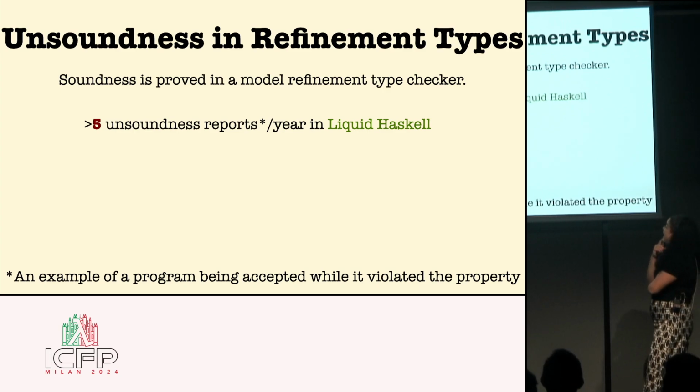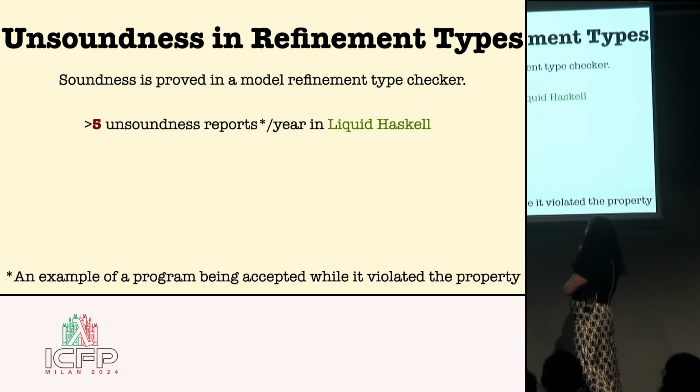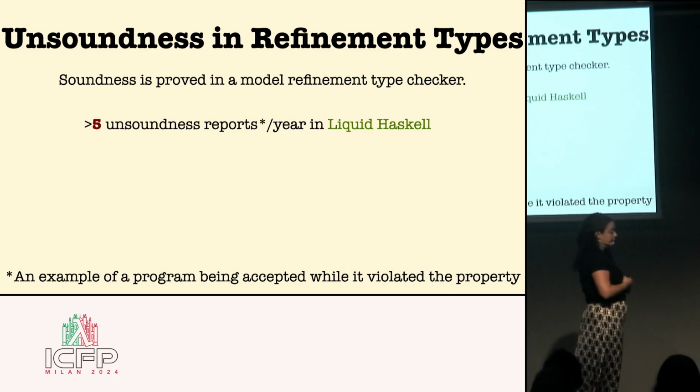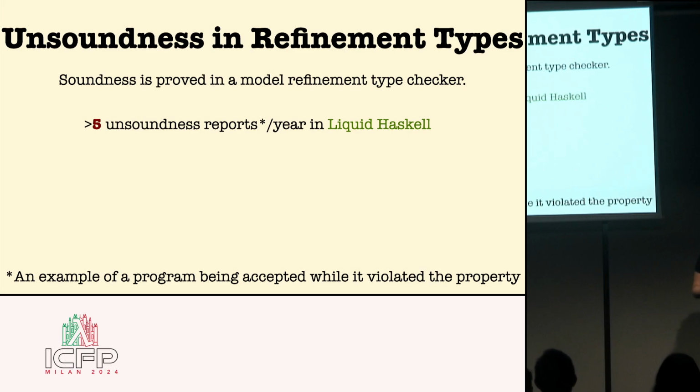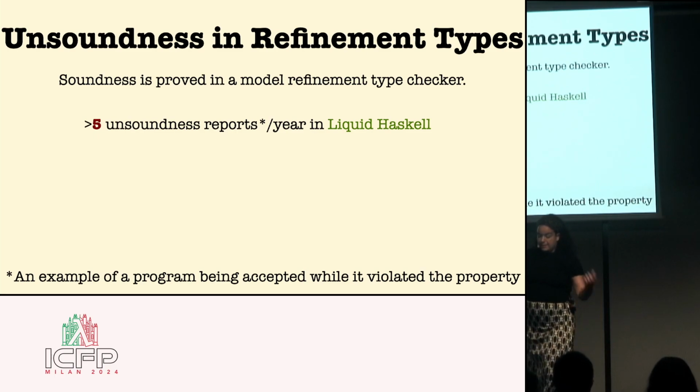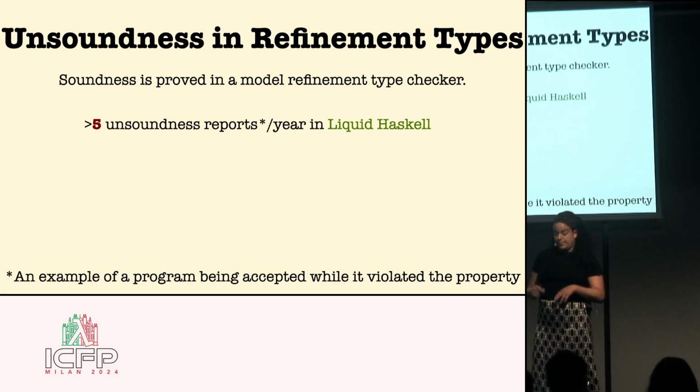Yes, so there is unsoundness in refinement types, of course. In theory, this soundness proof is proved in Liquid Haskell for a model of the refinement type checker. And in practice, in Liquid Haskell, and actually in other refinement type checkers too, like Stainless, like F-star, you get about 5 unsoundness reports per year, where an unsoundness report is an example of a program that is accepted by your system and violates the property, right?